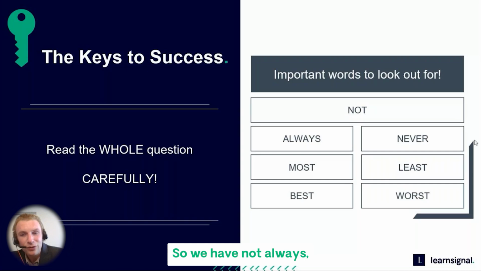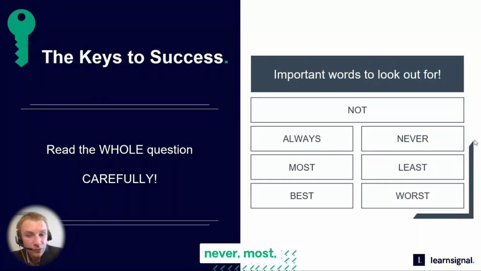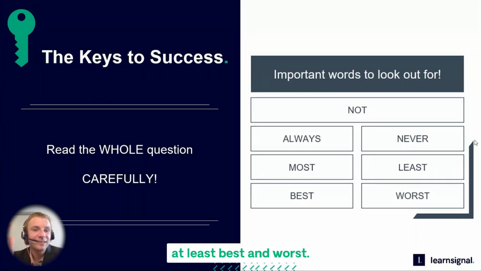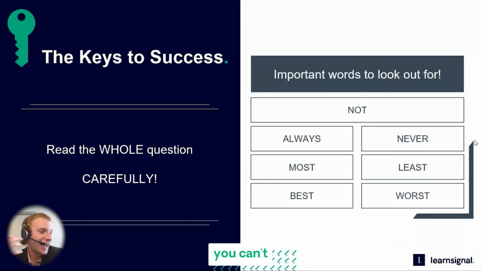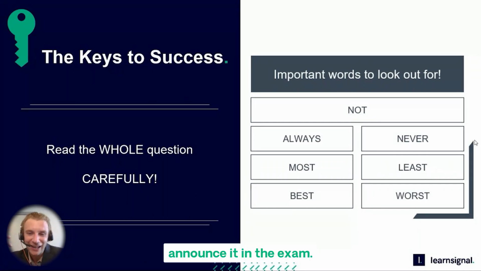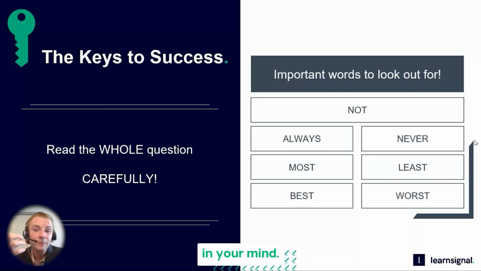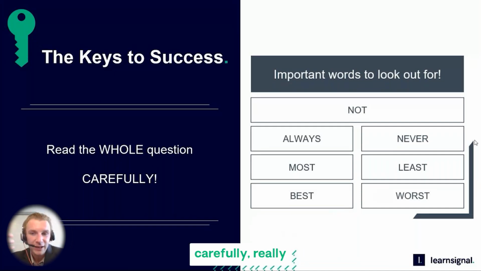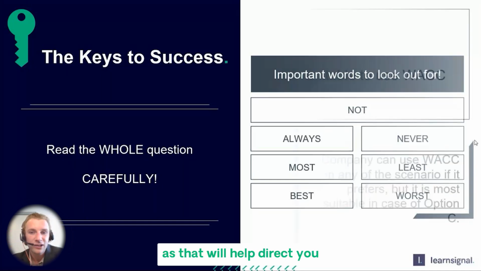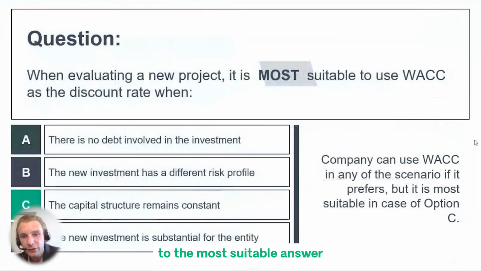So we have not, always, never, most, least, best, and worst. And the key thing here, obviously, you can't announce it in the exam. You have to think about it in your mind. But when you see those words and you're reading the requirement carefully, really put emphasis, highlight it when you're going through the requirement, as that will help direct you to the most suitable answer on there for it.